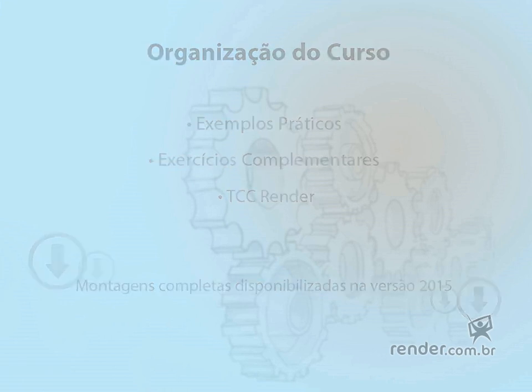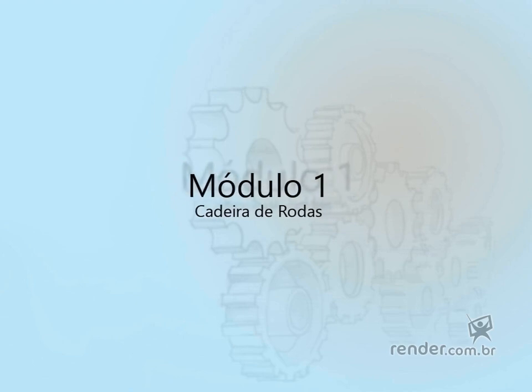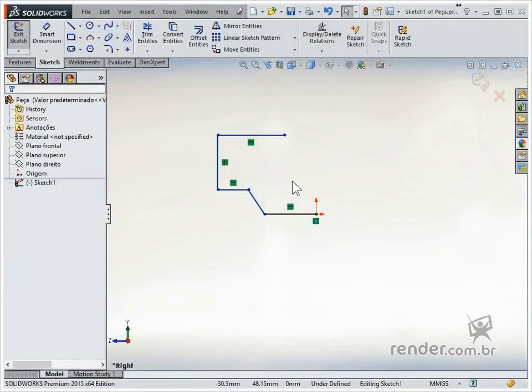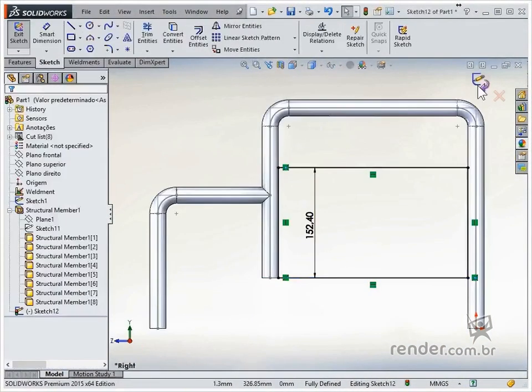Let's go to the course structure, starting with the first module, where we will learn how to develop a wheelchair. We will model the structure, arms, support accessories, seat, backrest and wheel.